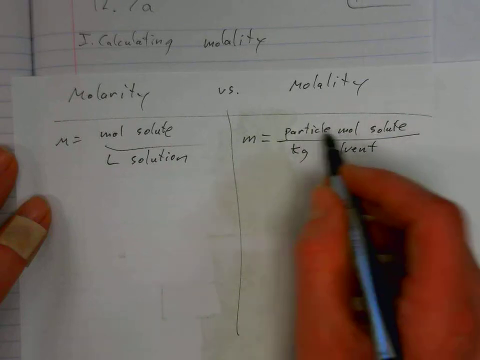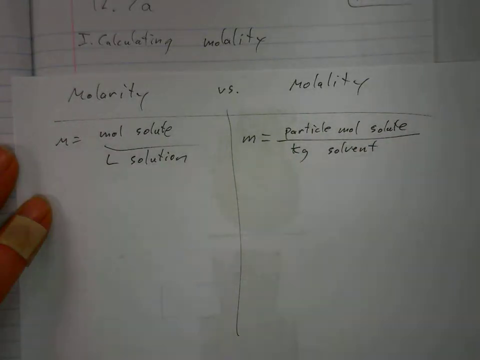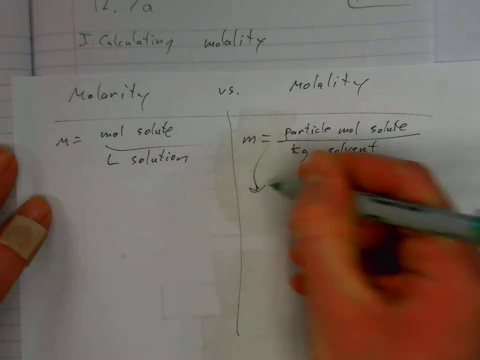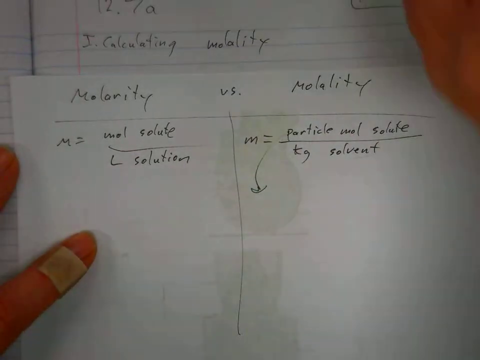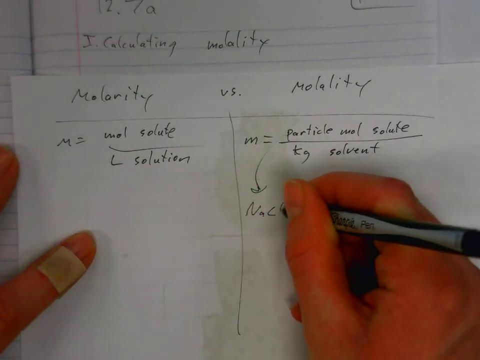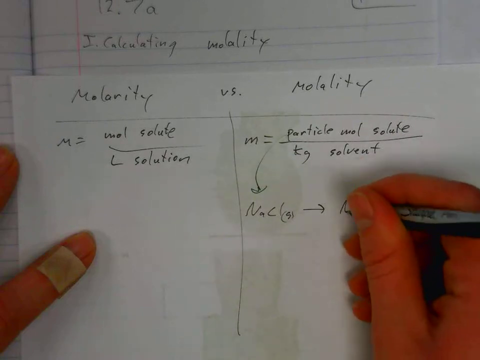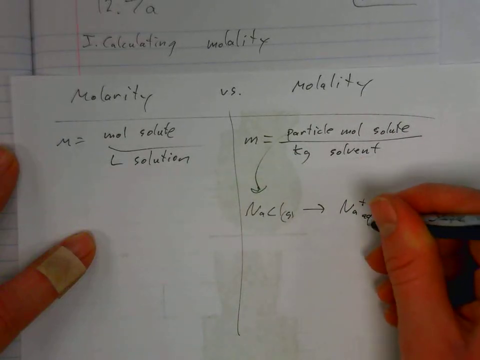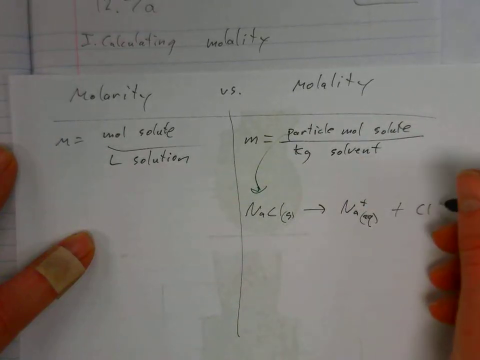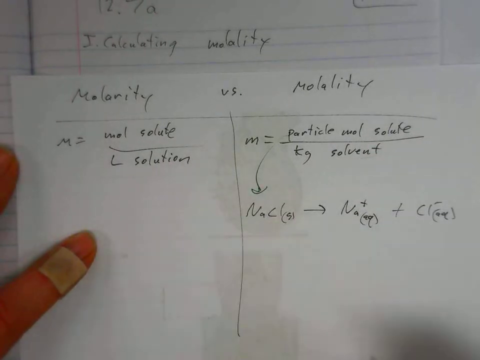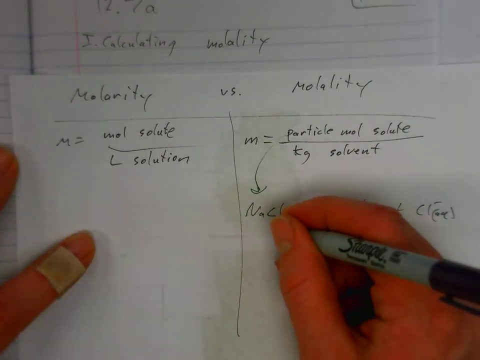So some substances, for instance, NaCl, table salt, when it dissolves in water, it dissociates into sodium ions and chloride ions. So this is a strong electrolyte, something that dissociates into ions.